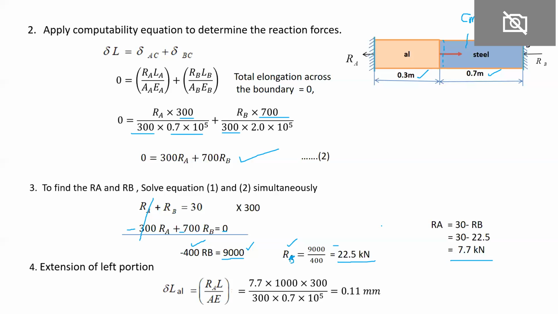This is the first task. Second, the extension of the left portion, that is aluminium. So this is the left portion, and here you can see aluminium: RA into L upon A E. RA is 7.7 kilonewton, converted into Newton by multiplying with 1,000.